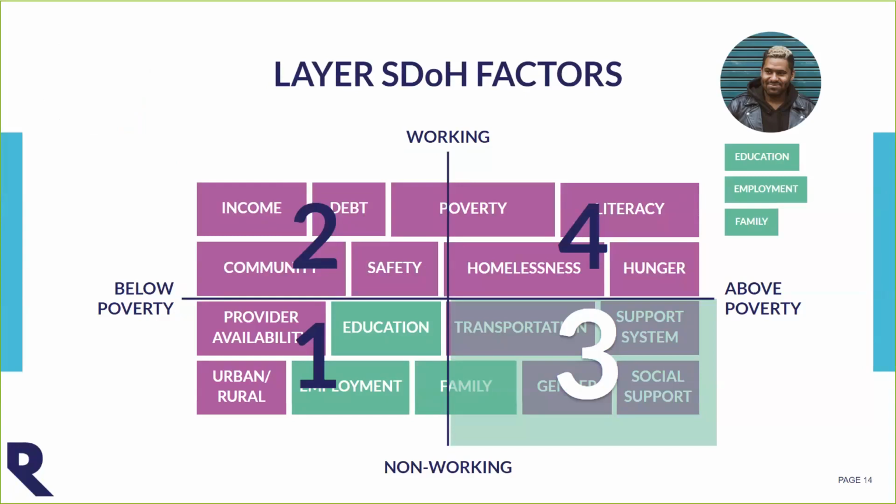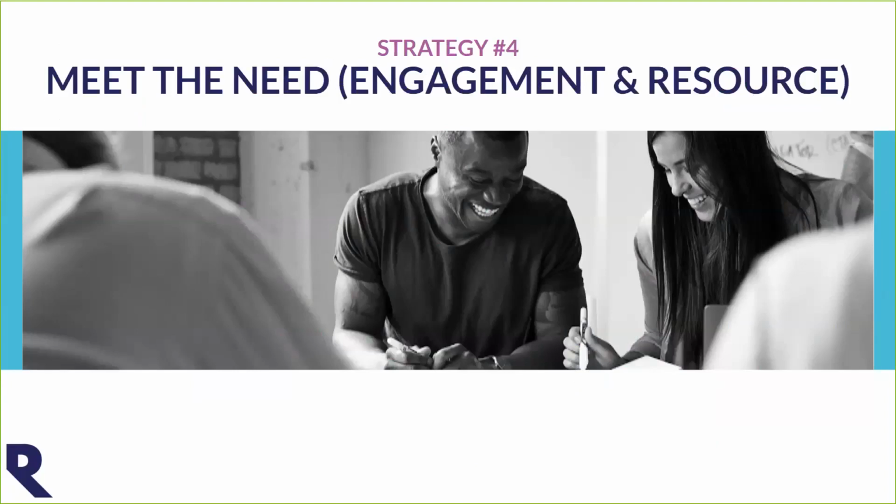Maybe he is struggling with employment because you can see that he is plotted on the non-working side of the spectrum. And family, maybe he doesn't necessarily have relatives or friends nearby that are able to assist him or that he can lean on for moral support when he needs to. So these are all types of things that are important for a plan or a provider to understand as they're trying to make recommendations for Roger as an individual.